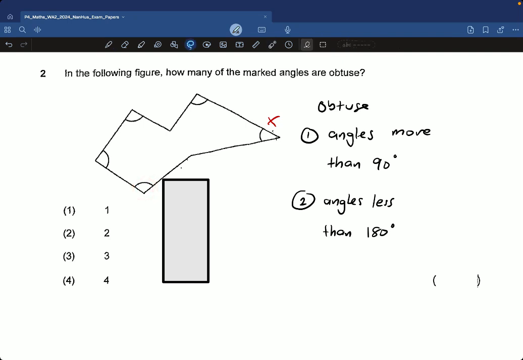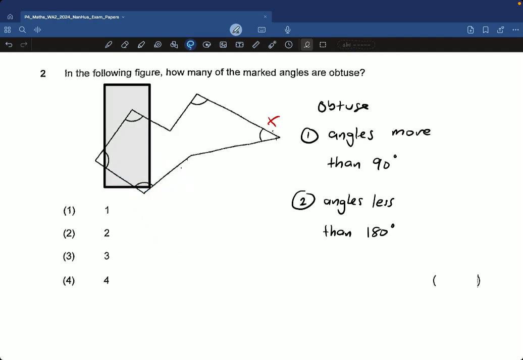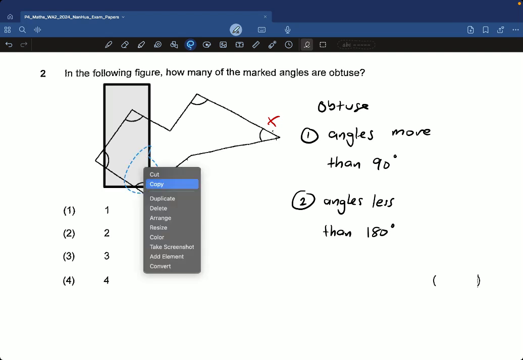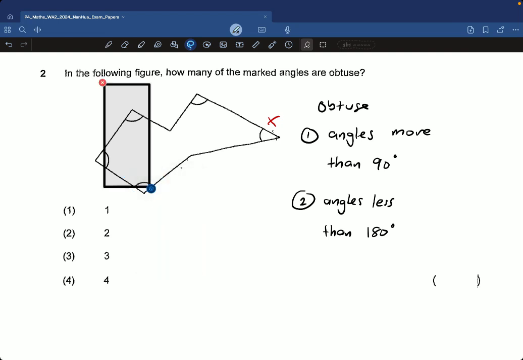All right. Now let's move on to this angle. I think the easiest way is to check using your ruler whether this is a right angle. I'm going to resize this and see whether this is more than 90 degrees.